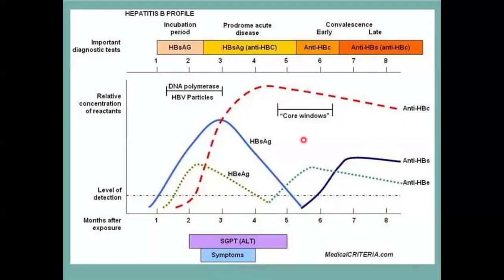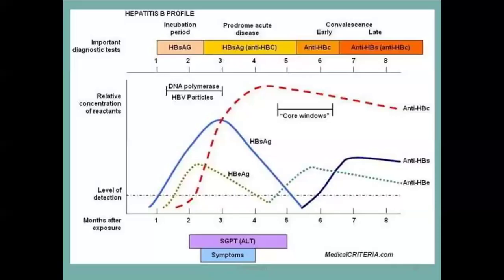So in this window stage, I want you to tell me, do we do IgG or IgM anti-HBC? From my explanation, do we do IgG or IgM? Let me see answers on the chat.